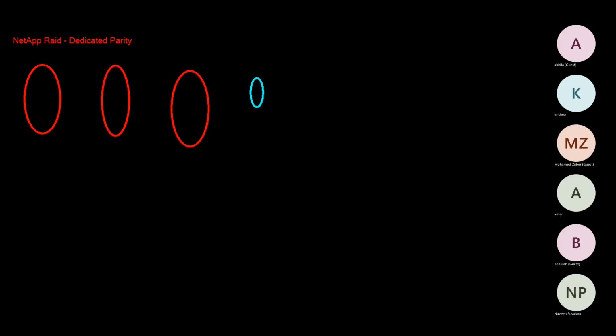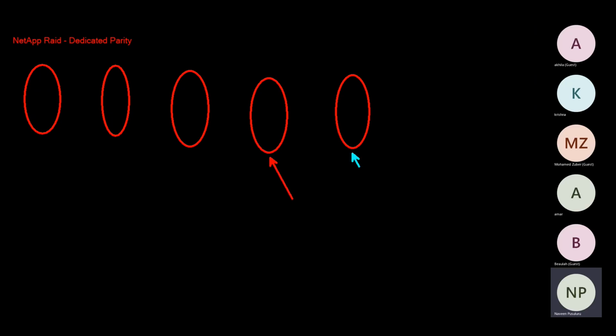Dedicated parity means the parities will be in a single drive. If it is RAID TEC, RAID DP, or RAID 4, only that disk will have the parity. For example, let me take a RAID DP example. I have 5 disks. This will be my parity disk, and this is my dual parity disk in RAID DP.